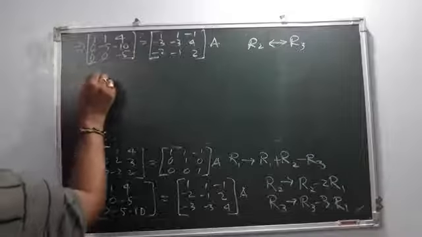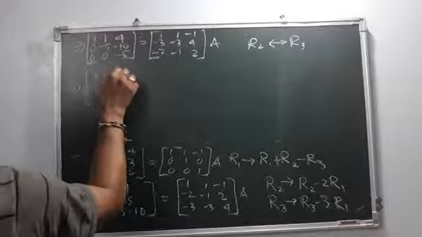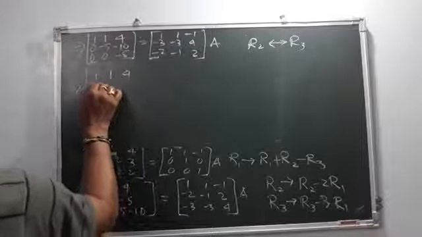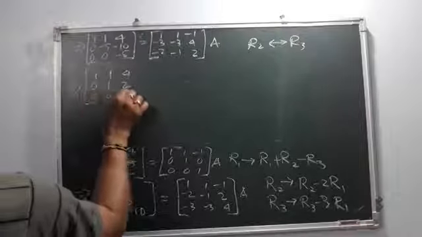Then the next step is 1 1 4, 0 1 2, and 0 0 1.